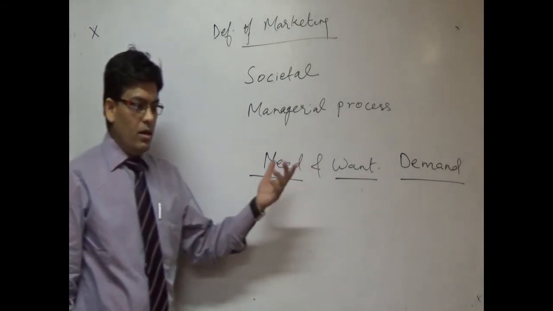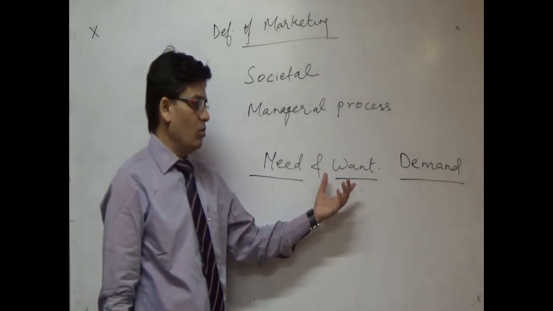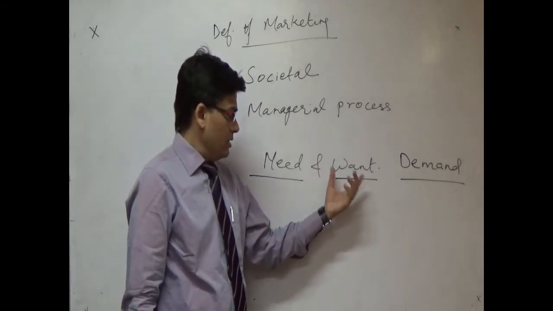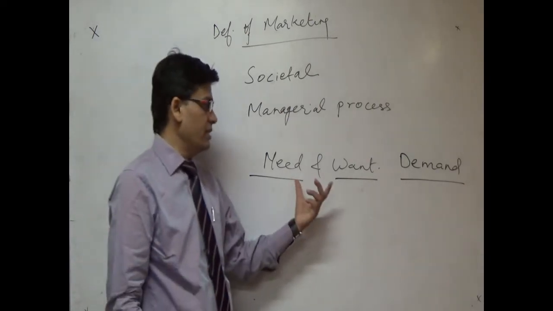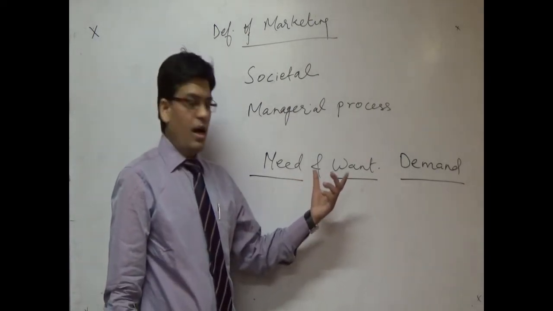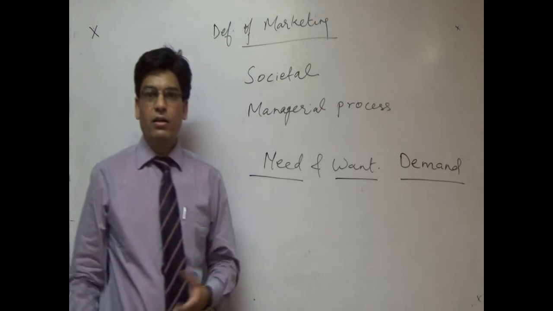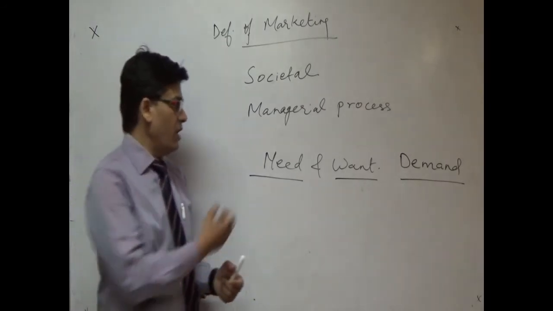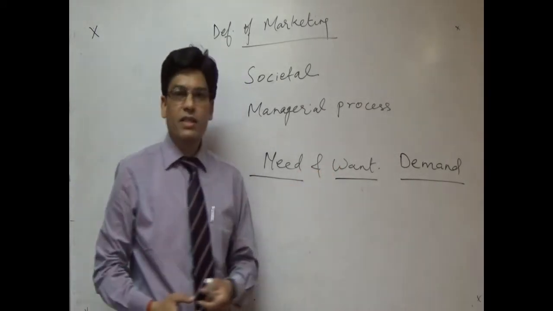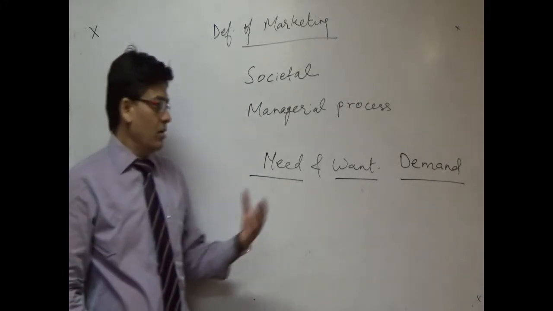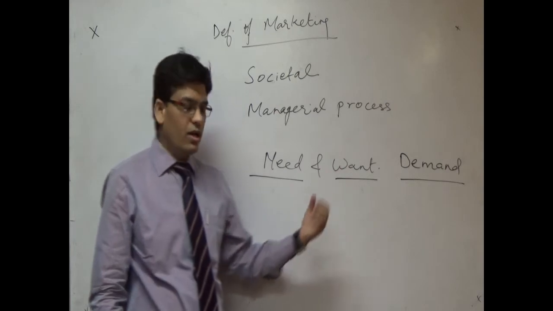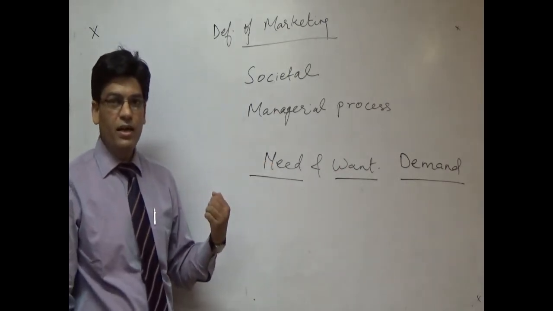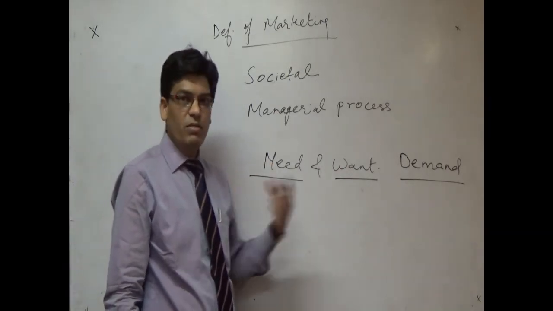Now, there are certain specific satisfiers of those needs, and these are termed as want. The specific satisfier of the need is termed want. For example, I need water to drink, so water will be a specific satisfier, in this case, to quench my thirst.